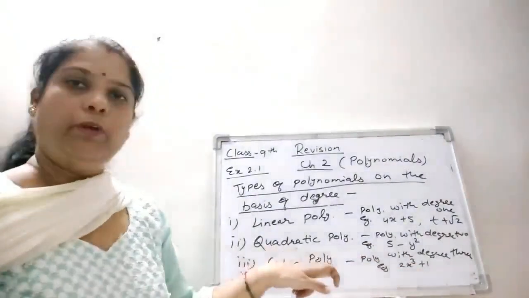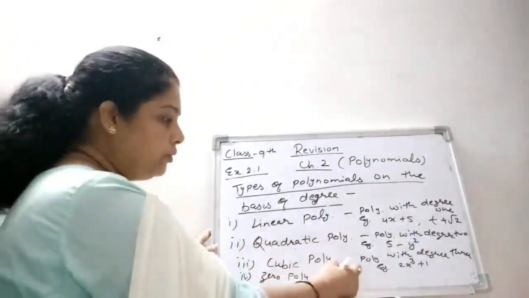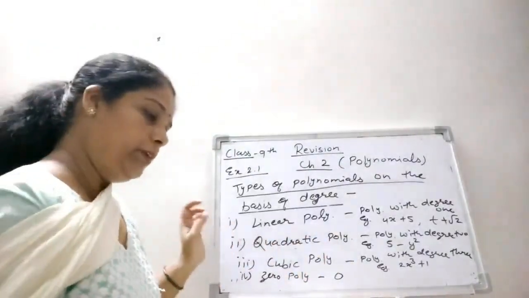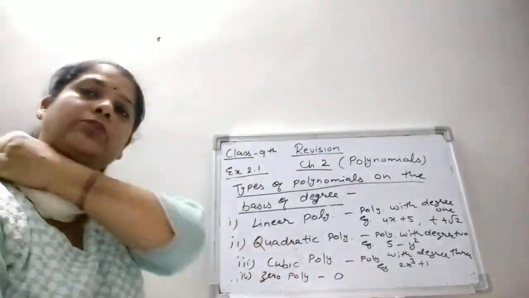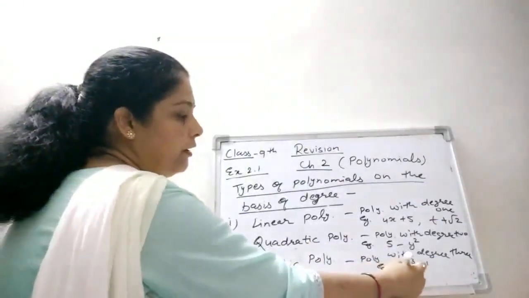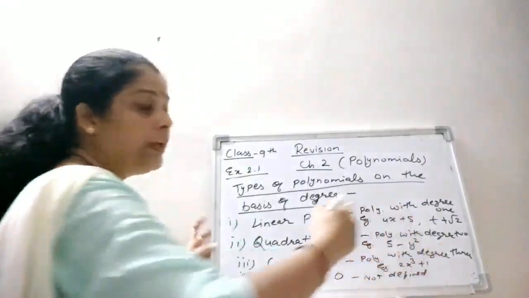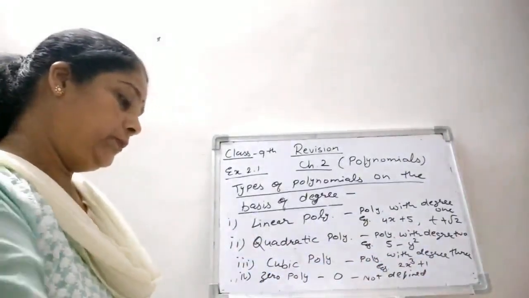So it is cubic polynomial. And zero polynomial. Now here 0 is called the zero polynomial. And the degree of 0 is not defined. This can come in MCQs also or in fill-up form also.